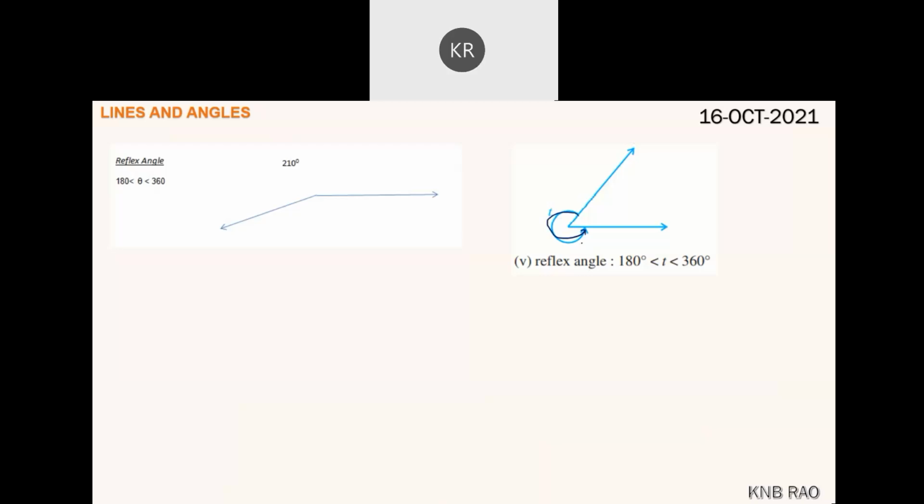Here angle T is more than 180 but less than 360 degrees, so it is a reflex angle.